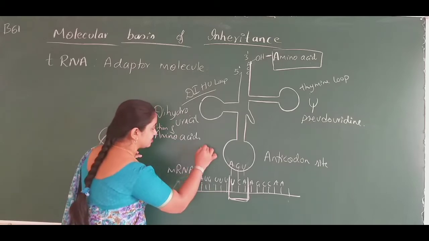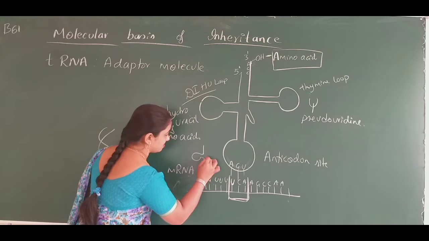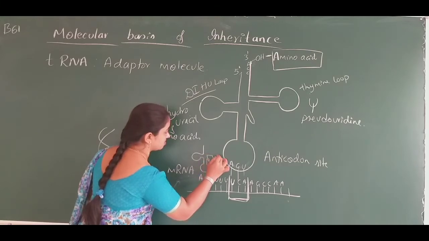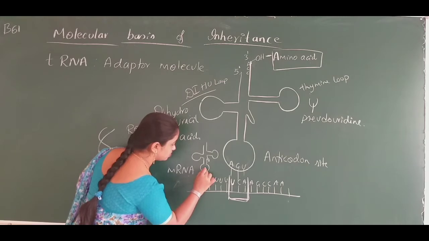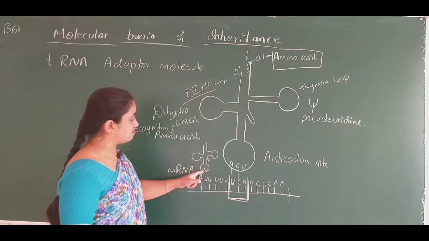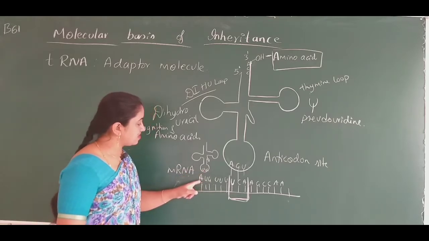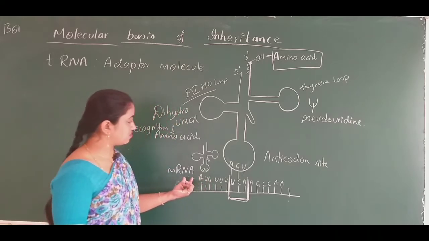That initiator tRNA will have the anticodon UAC that can bind with this AUG triplet codon.